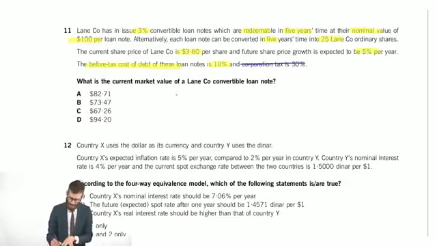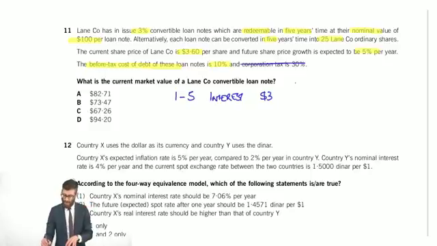Okay, examiners put in corporation tax, that is not relevant. What we know is that in years 1 to 5, annual interest will be paid at $3, and we're going to discount that using our annuity tables for 10% for 5 years at a discount factor of 3.791, giving us 11.37.